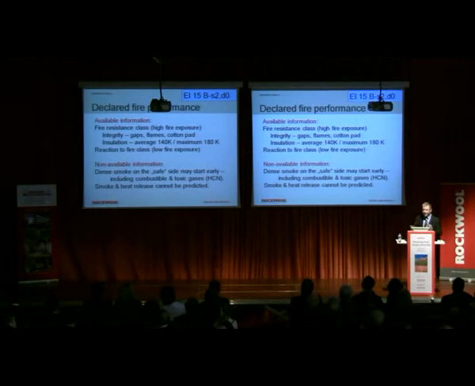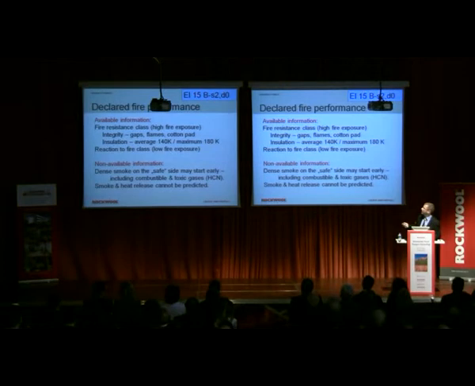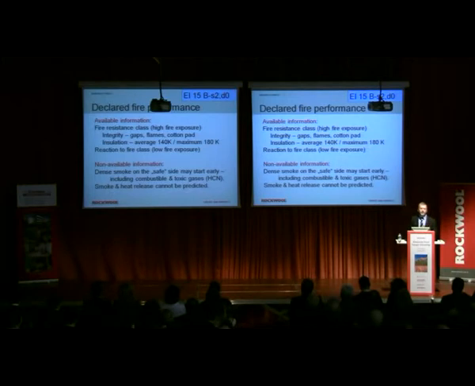If you look at a classification report or a certificate, a very typical piece of information you will see is something like EI15, for example, B-s2, d0, so the fire resistance class and the reaction to fire class. But it's very important to understand what is behind these figures in reality. What we have here is information about integrity and insulation.